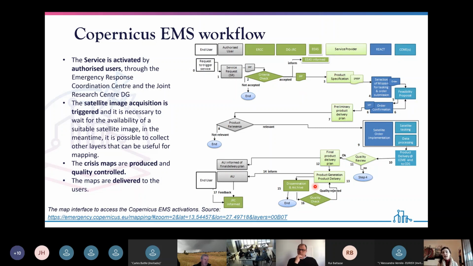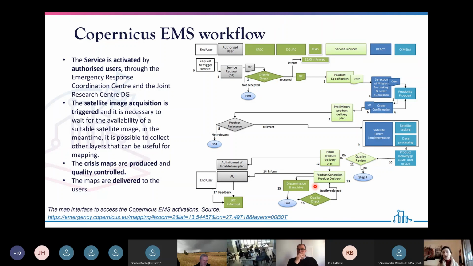But let's consider, let's say, the most common case, which is the case of an emergency which has occurred. So we have that something is happening, a flood is happening or a fire is happening. So imagine that the civil protection contacts the point of contact of the service, asking for the production of maps.